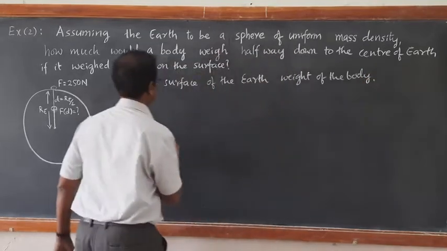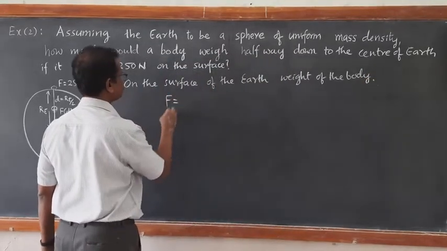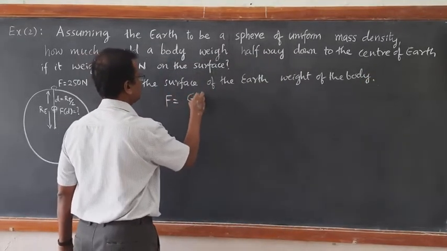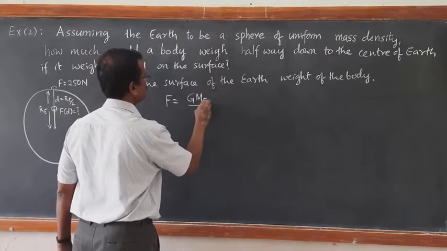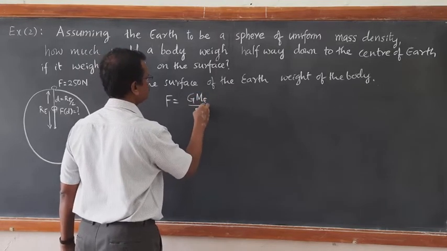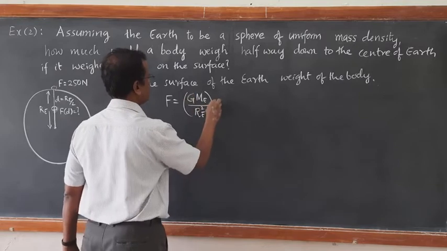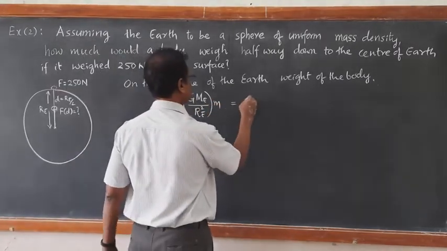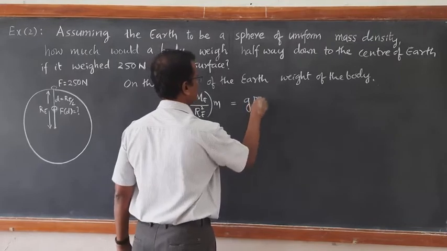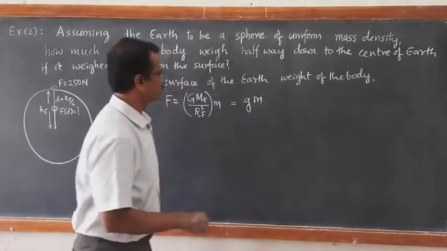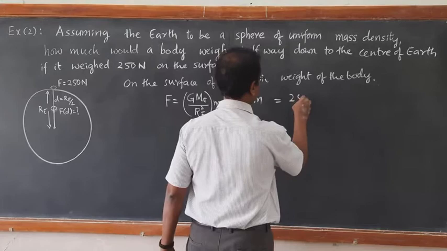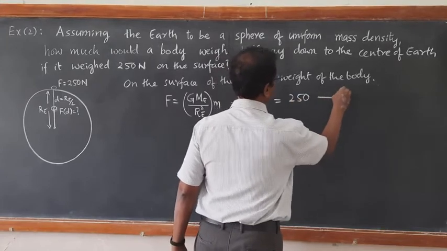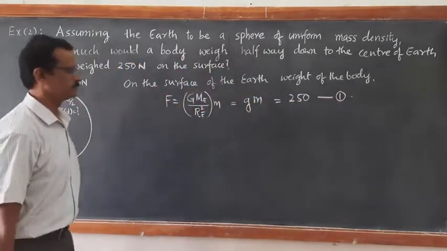F is equal to G Me upon Re square into m, which is equal to mg. This is given as 250 Newton. Call this equation 1.